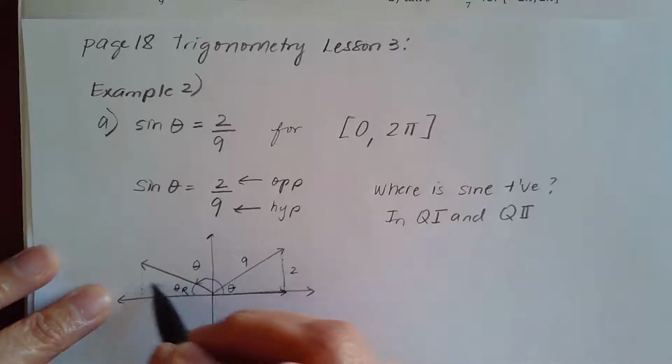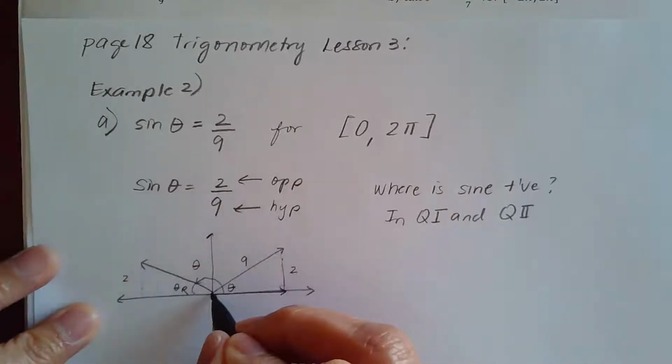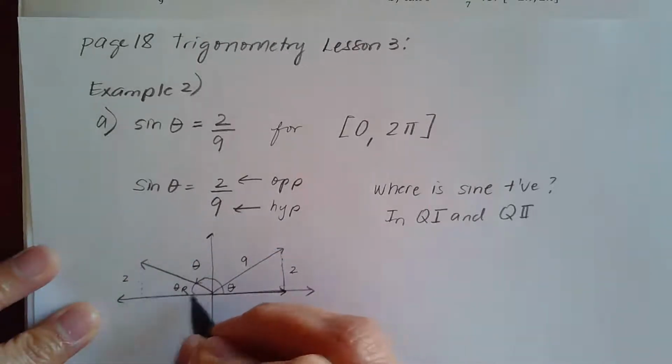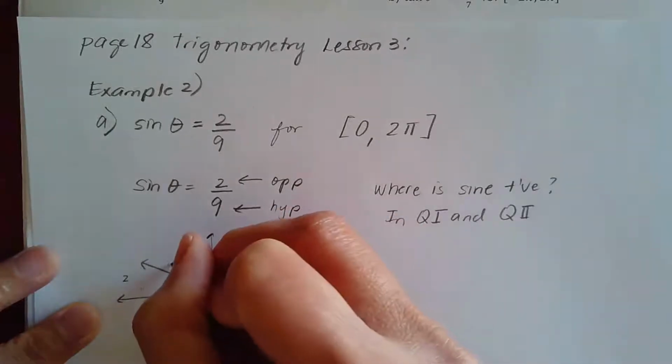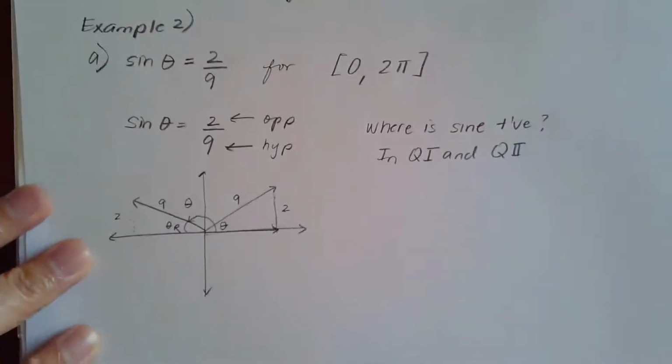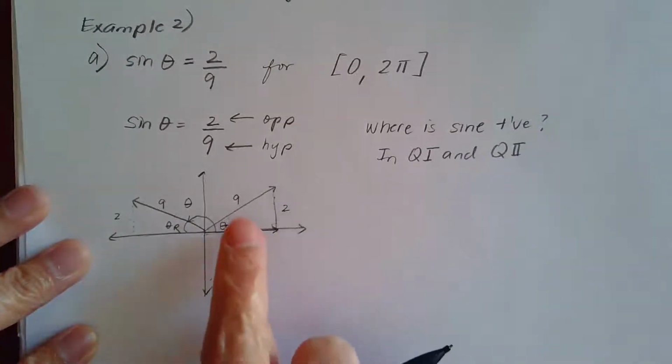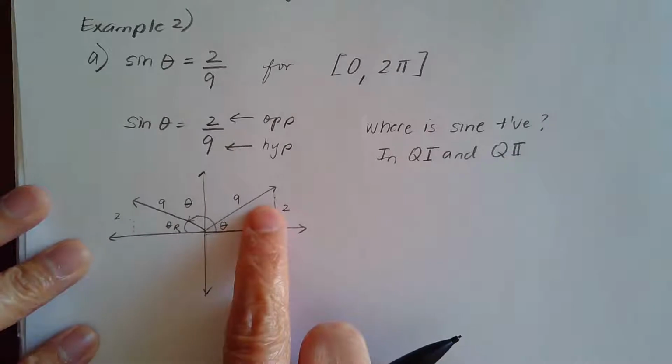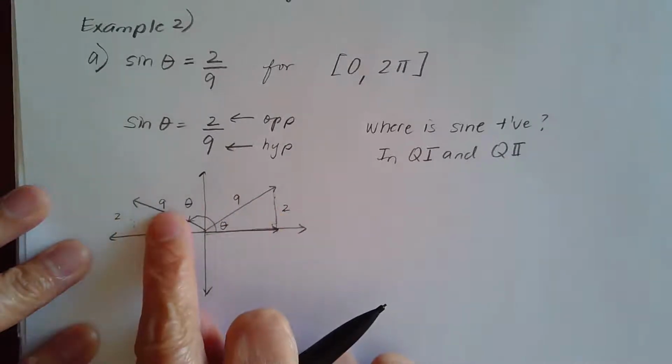Opposite is 2, and adjacent, we don't know what the adjacent is, and hypotenuse is 9. So 2 over 9. So we have two possible answers, one in quadrant 1 and one in quadrant 2.